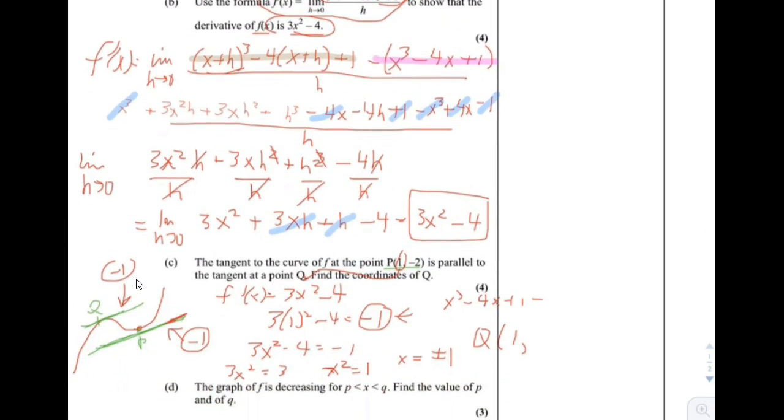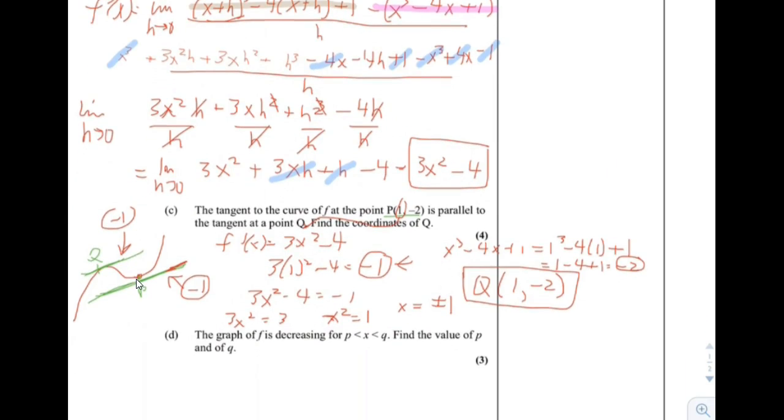And I'm going to put 1 in there, and I'll get 1 cubed minus 4 times 1 plus 1. And so that's equal to 1 minus 4 plus 1, which is negative 2. So the q coordinate is (1, negative 2). Okay? So we found the coordinate for q.